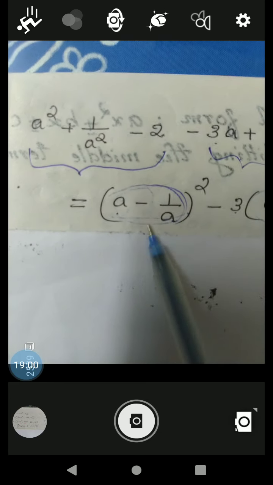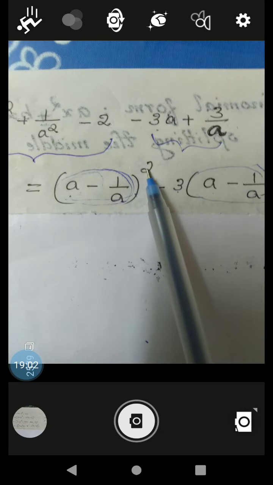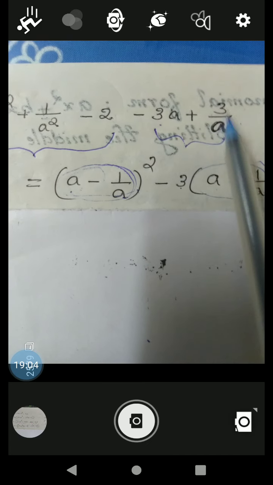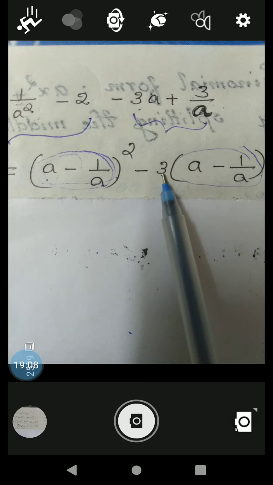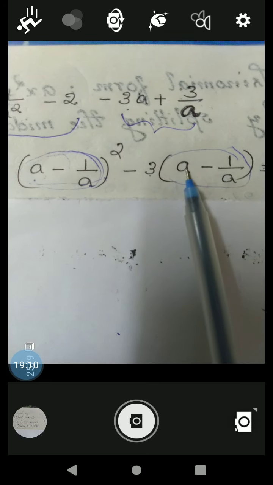In the previous chapter we have learned that A square plus 1 by A square minus 2 can be written as A minus 1 by A the whole square. Now from the other two terms we can take minus 3 outside. Then the remaining is A minus 1 by A.